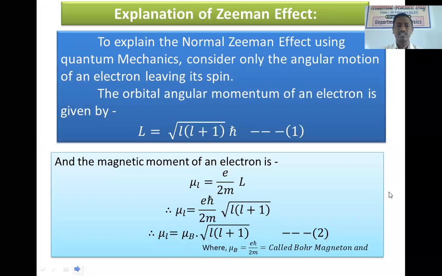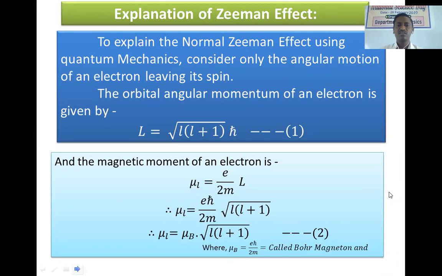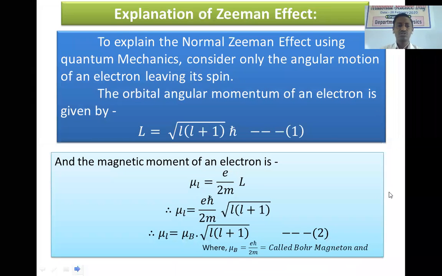we have to consider only the angular motion of an electron, and we have to leave its spin.